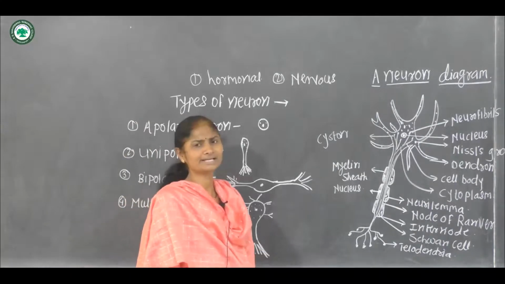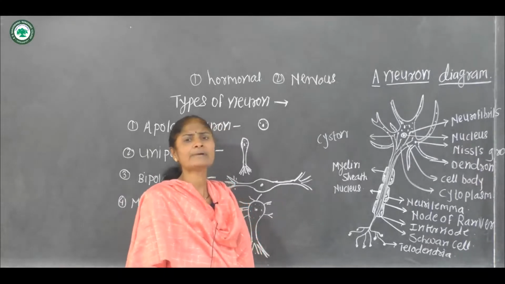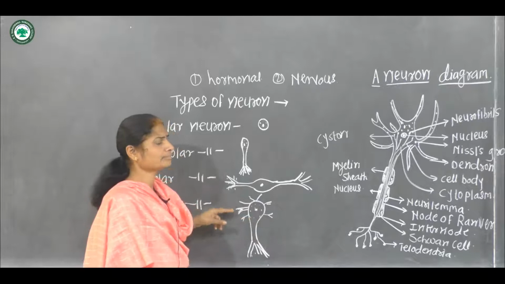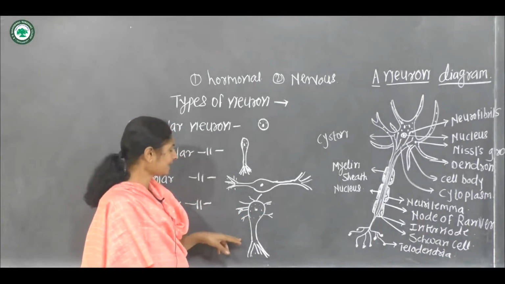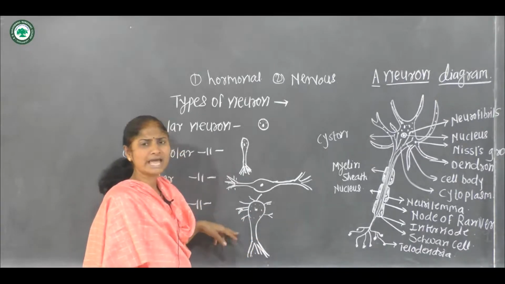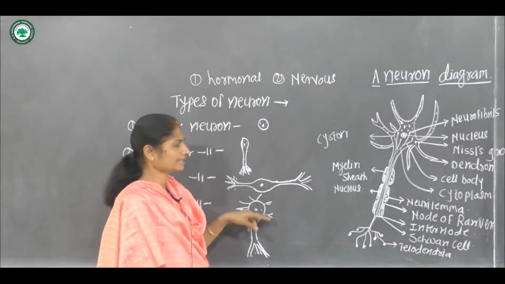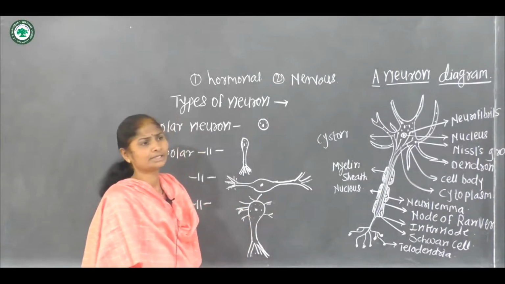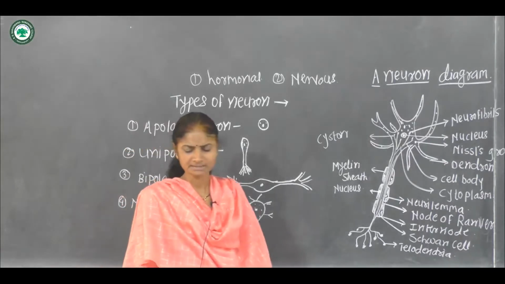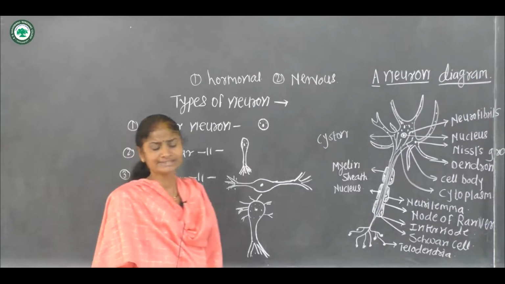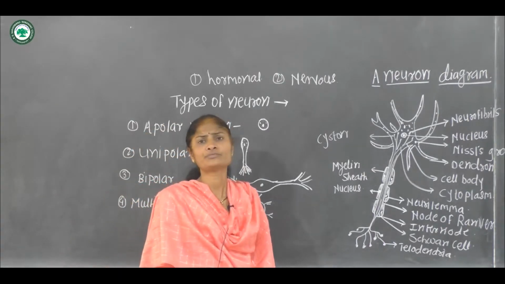Here the dendrons have many branches as well as the axons, and at one end the axon is present and at the other end the dendrons are present. These types of neurons depend upon their number of processes.